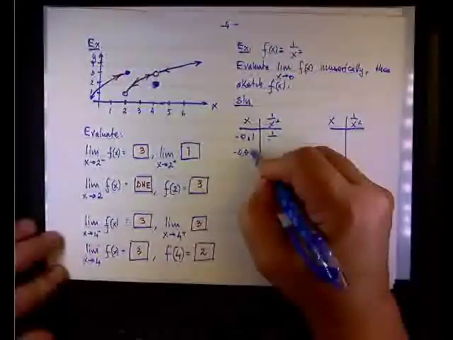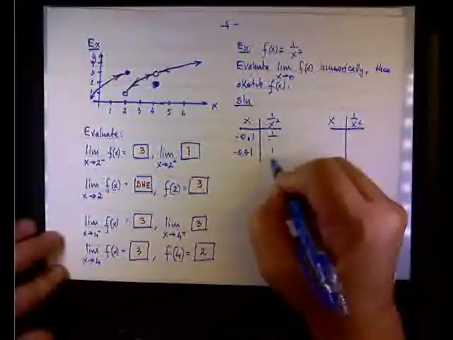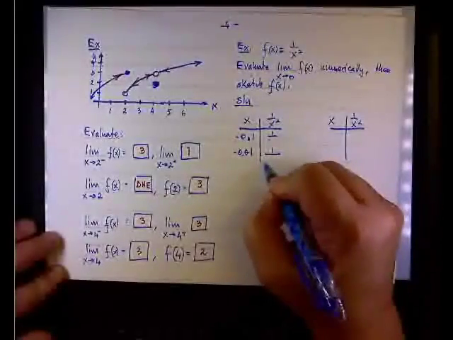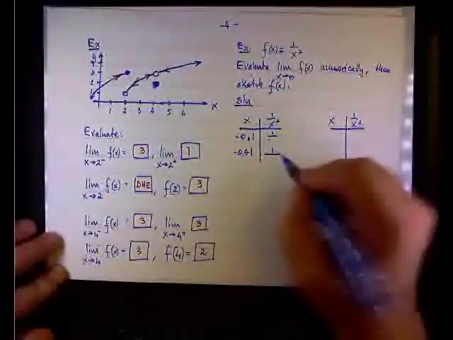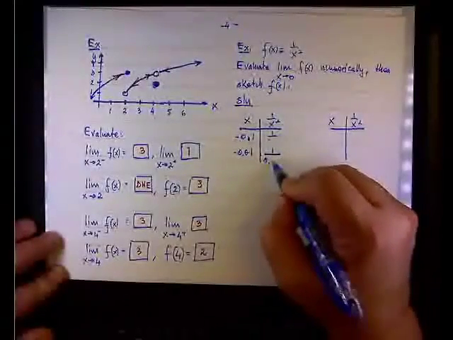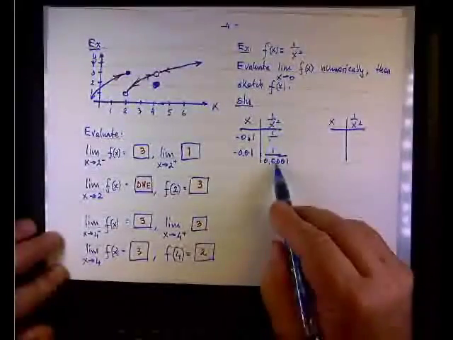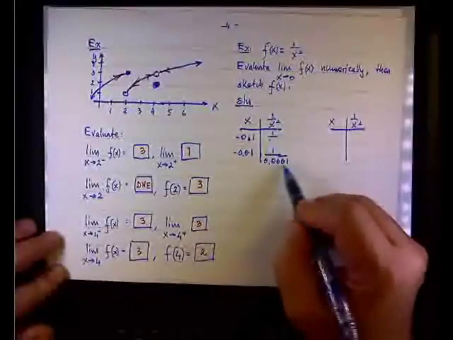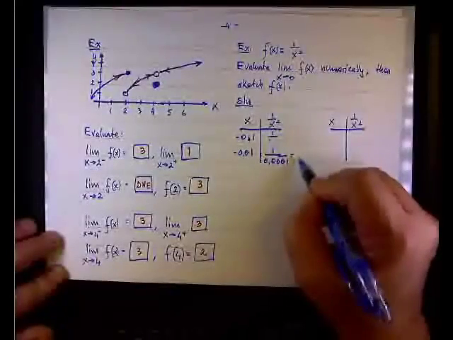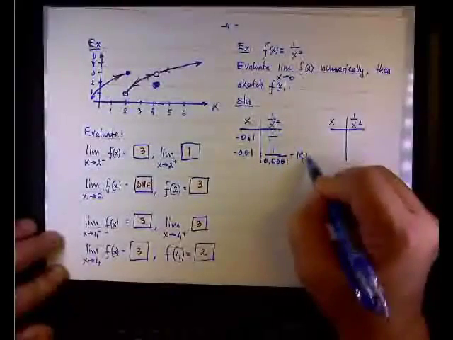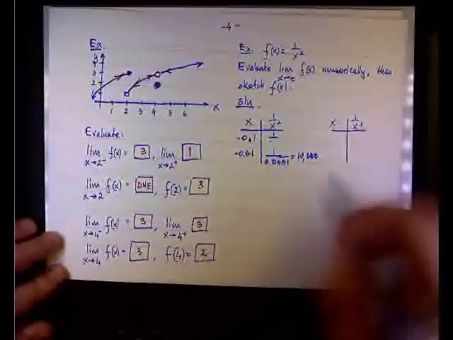Let's give it a second for the whiteout to dry up. Here we'll have, we square 0.01, we get 0.0001, 1 in the fourth decimal place, so 1 over that will be 10,000, a large number.